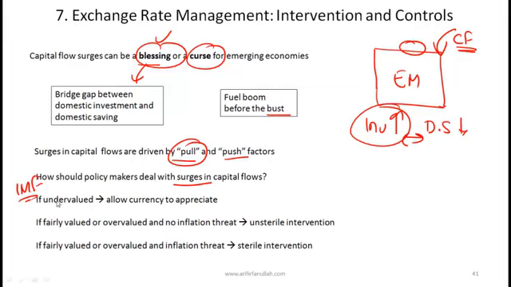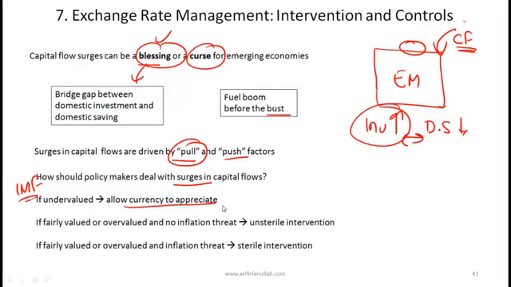If your currency is undervalued, then you should let the money come in. In other words, you should allow your currency to appreciate. As we have seen before, if there is a high demand for your currency because of these capital flows coming in, that would cause your currency to appreciate.